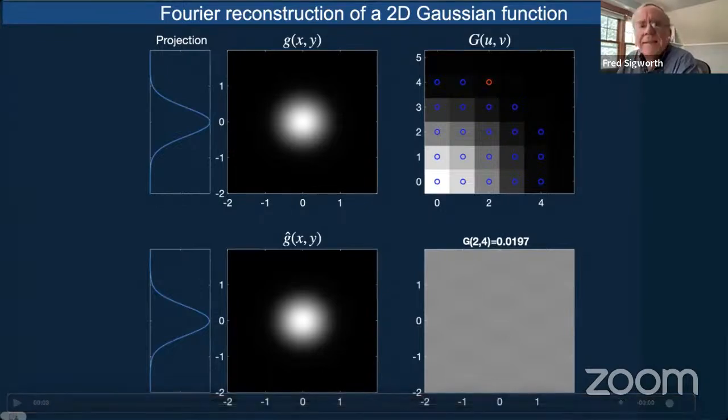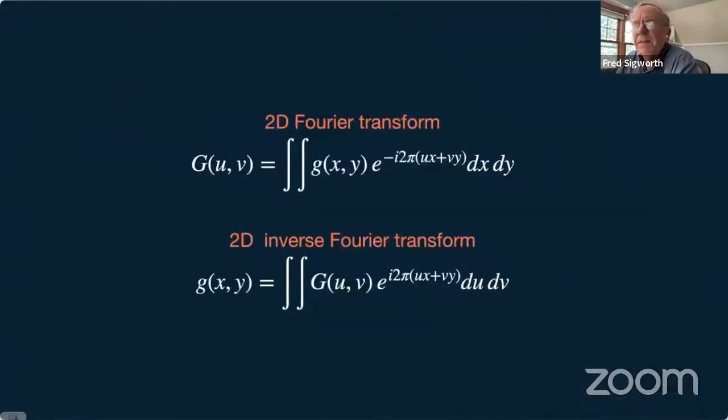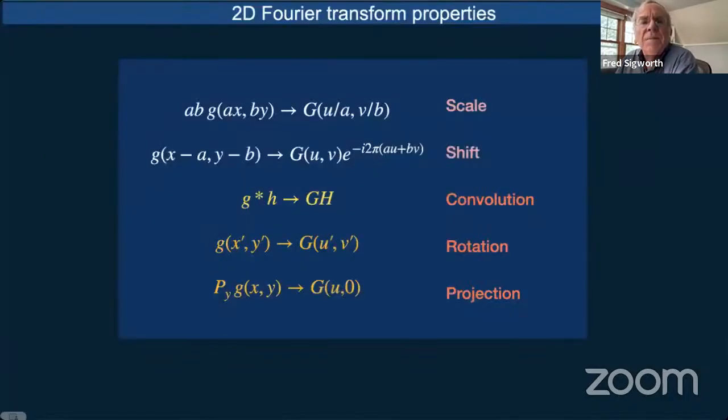Okay, so it's the same idea. We are reproducing the original function by adding together sinusoidal components. And in case you like this stuff, it's exactly the same formula, except that now we have x and y in it, and we have u and v in it. So u and v are the two frequency variables, x and y are the two spatial variables.